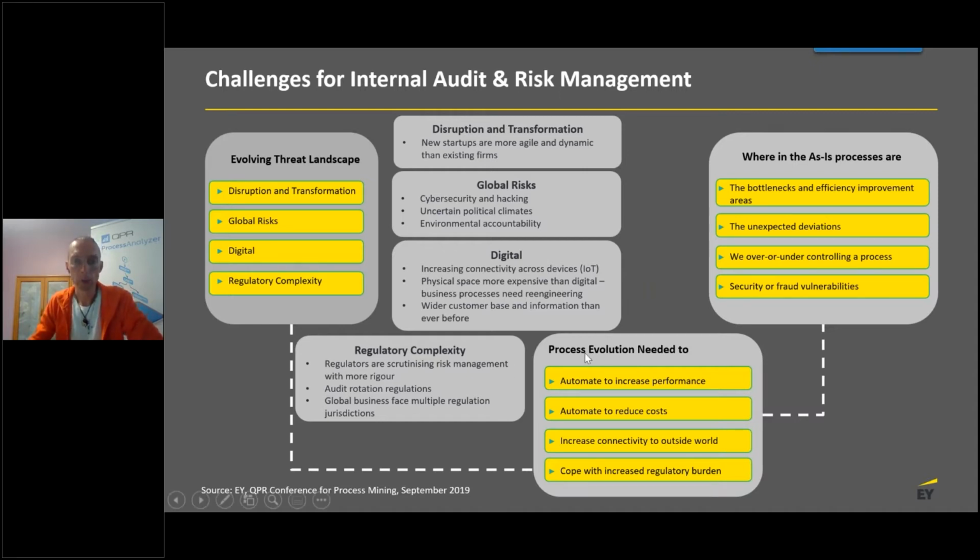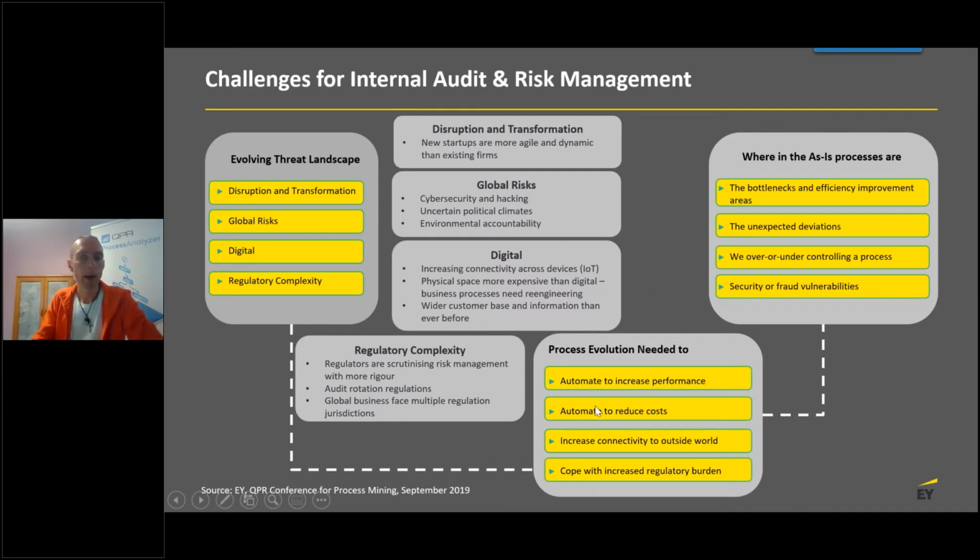And in the second box, process evolution needed to automate. So we need to automate in order to increase the performance, and we need to automate the processes to reduce the costs. At the same time, we need to increase the connectivity to the outside world, which again is a challenge for internal audit and risk management, and cope with the increased regulatory burden.